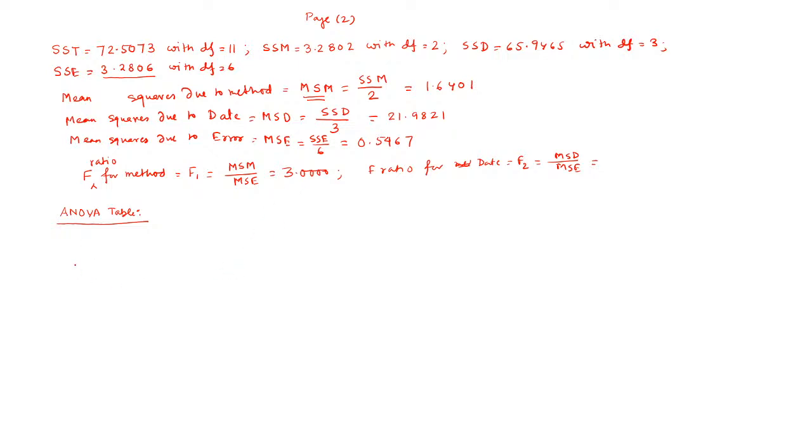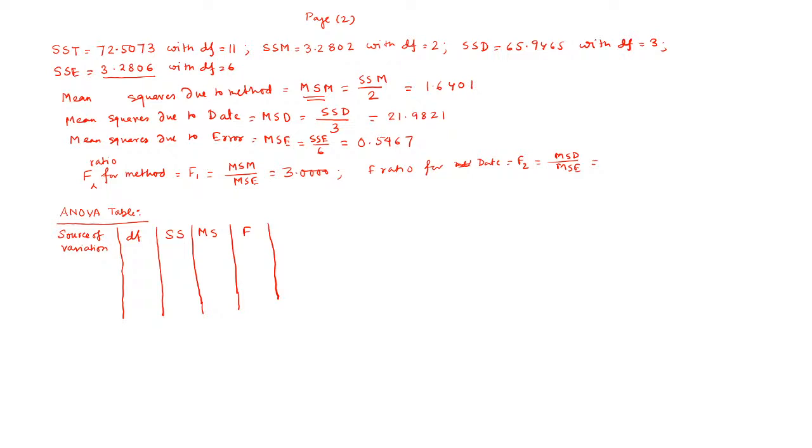The first column is source of variation. The second column is degrees of freedom. The third column is SS, sum of squares. The fourth column is mean square, MS. This is the F ratio. If the level of significance is mentioned, then you compute the critical value for that level.